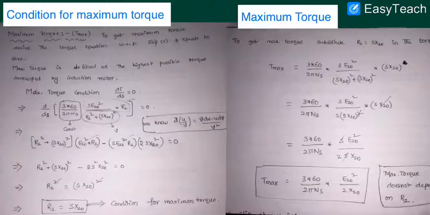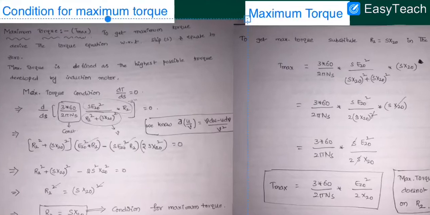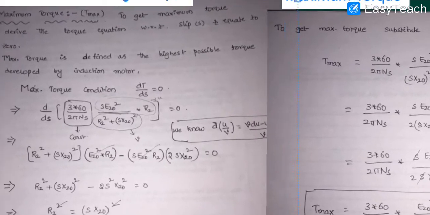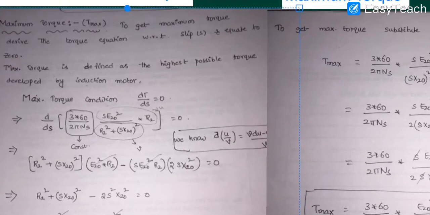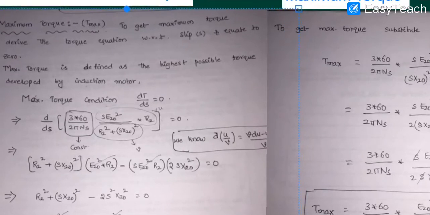Next, coming to the maximum torque. If we want to find any maximum value, first we have to derive a condition for maximum value, and we have to substitute the condition in the torque expression to get the maximum value. Similarly here also, to find the maximum torque, first we differentiate the torque equation with respect to the variable.